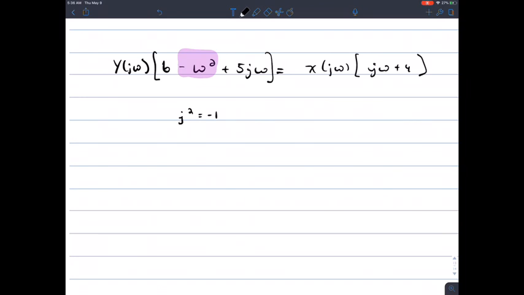So you can flip-flop the two, turn the -1 back into j squared, and so then now we're going to have to be 6 plus j omega squared. All right.